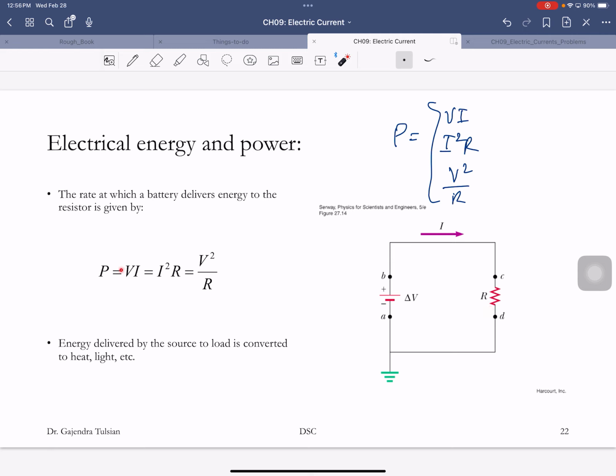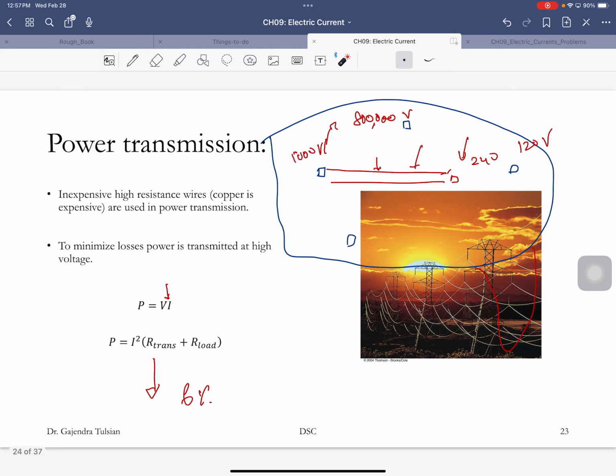That's also equal to V times I. So the rate at which power is delivered to the load can be calculated with one of these three formulas. V is the voltage across the load, R is the resistance of the load, and so on.